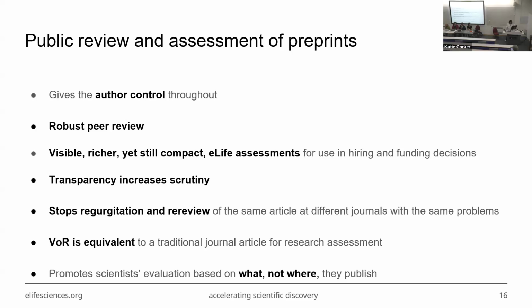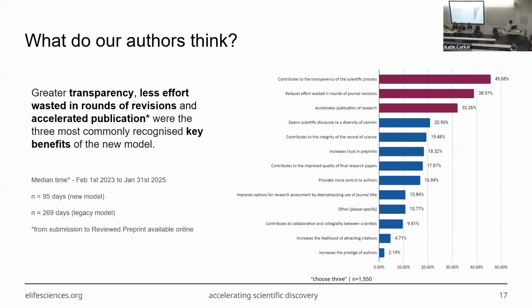And then, of course, what we're looking at is what an author has published in terms of the research, not where it's published. So it's not published in eLife and therefore it means this or that. It's published in eLife and you can see the exact assessment that the editors thought about the article. So that's a transparent process.